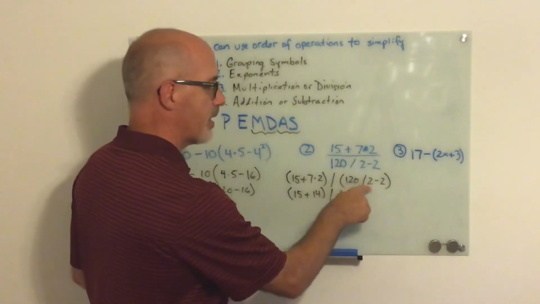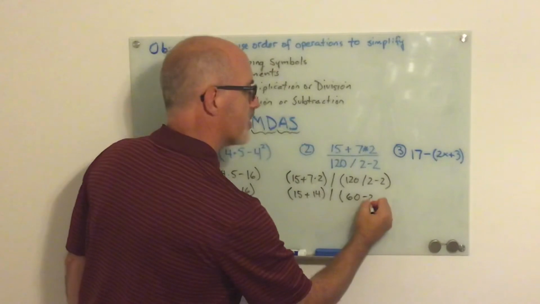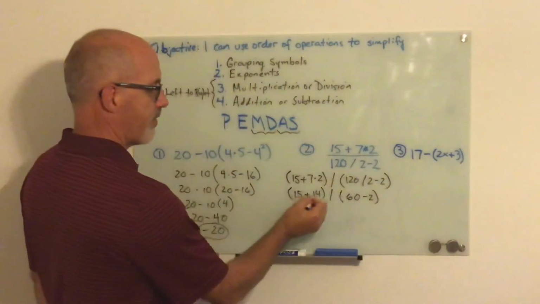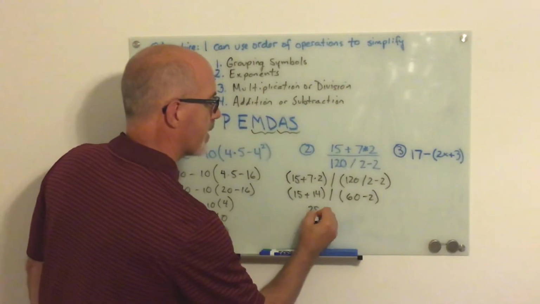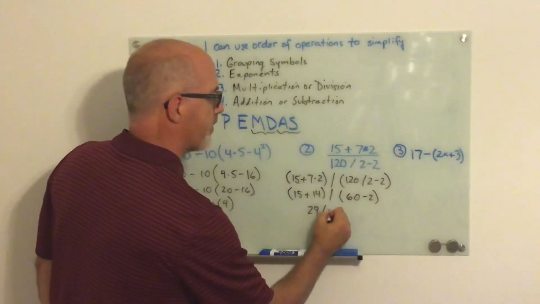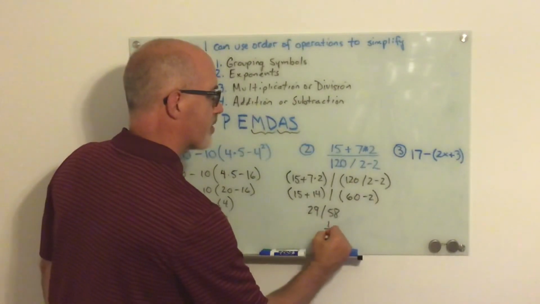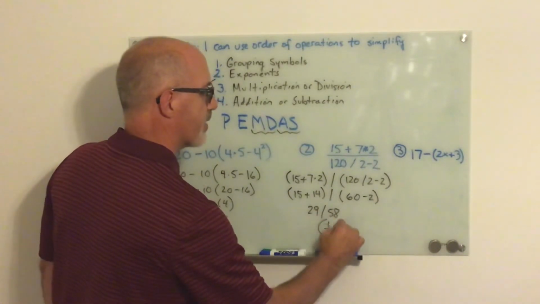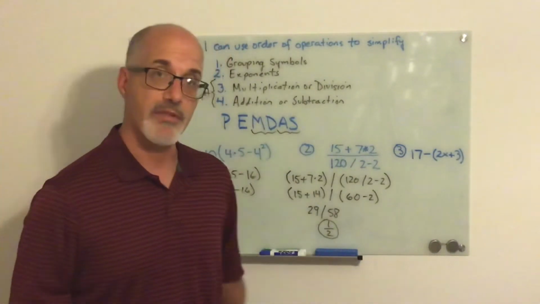Do the 120 divided by 2 first. That gives us a 60 minus the 2. Okay, then we have 15 plus 14 gives us a 29. Down here we have a 58, and 29 over 58 reduces down to 1/2 for our answer. That's using order of operations to simplify that one.